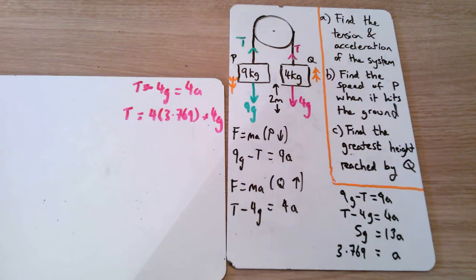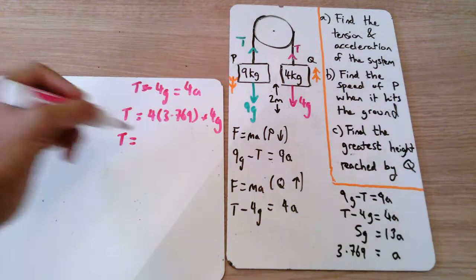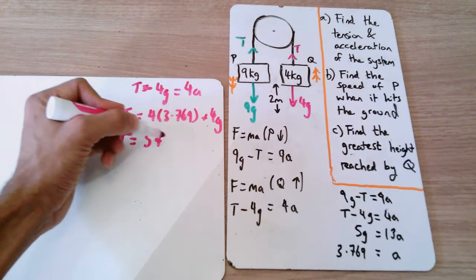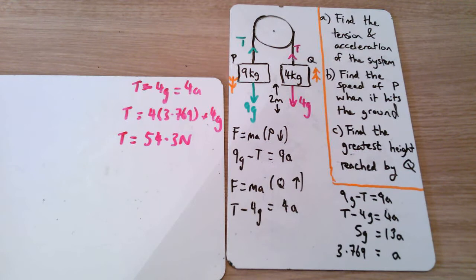And if we do that on our calculator, we end up with a value equal to 54.28 newtons, or 54.3 newtons. So that's our acceleration and our tension that we've worked out in part A.